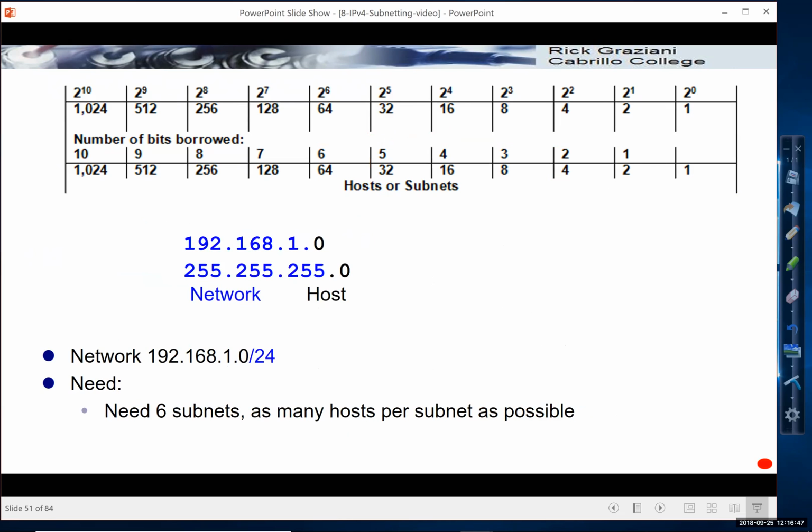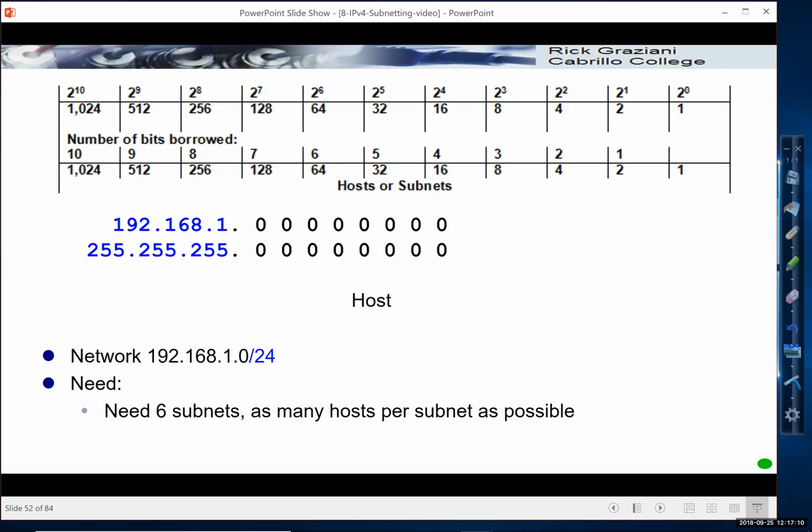Let's look at it another way. What if I have this same network address, 192.168.1.0, 255.255.255.0, but this time my requirement is the subnets. I need 6 subnets and as many hosts per subnet as possible. Let's look at it in binary.